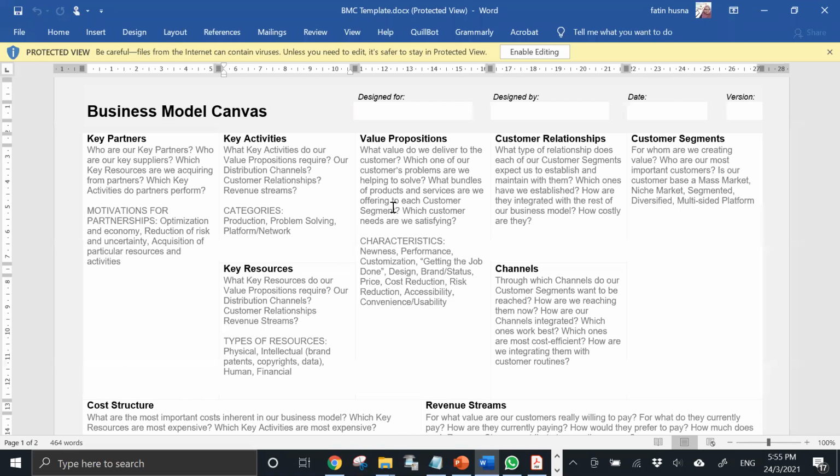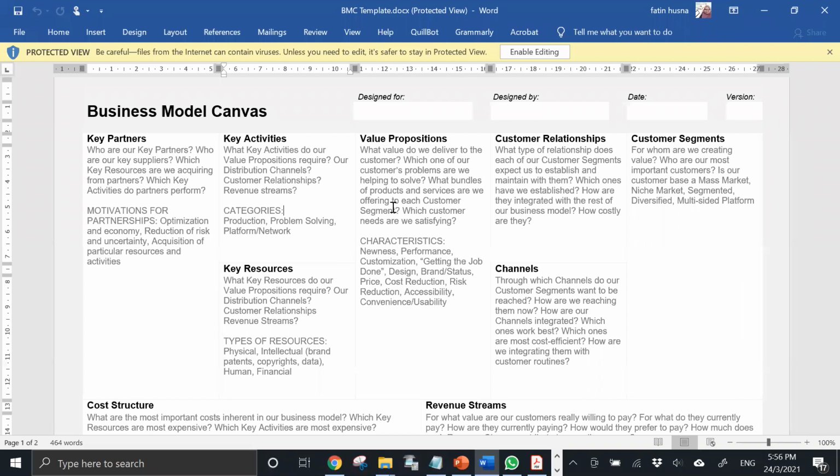In your final assessment, 30%, I'm going to use BMC, and it needs to be done individually. You learn as a group, and insyaAllah your final assessment is okay.